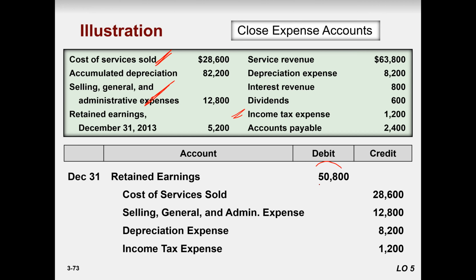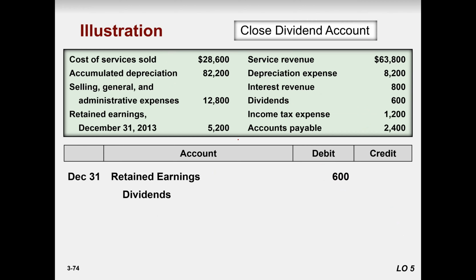Done. So this amount is coming from the addition of these four numbers. And the last one is dividend. How do we close the dividend? Dividend normal balance is debit, so we have to make dividend credit. So the answer is going to be retained earning to dividend 600.